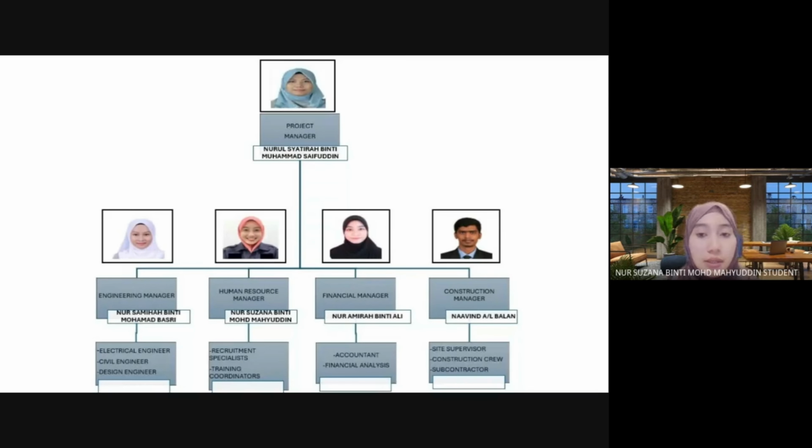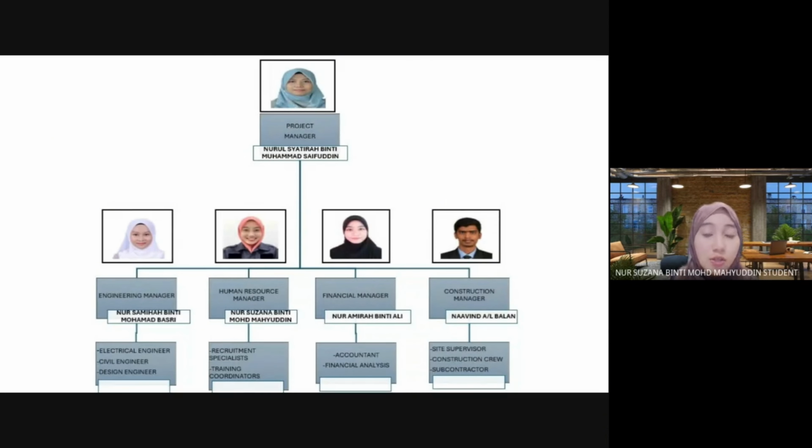Next is the human resource manager, which is me, and I focus on recruitment specialists and training coordinator to ensure the project has the necessary human resource. And the second last is financial manager.